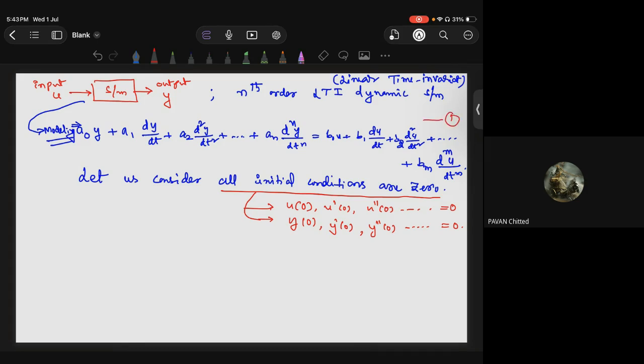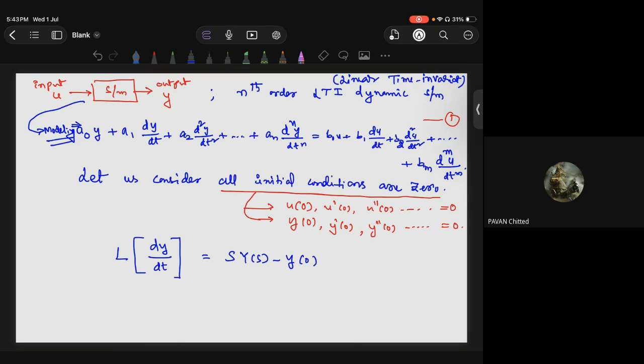In the previous live, we have already seen the Laplace transform when we apply it to the differential equation. Let us say, in general, for dy by dt, what is the formula? The formula is y of s minus y of 0. Correct?